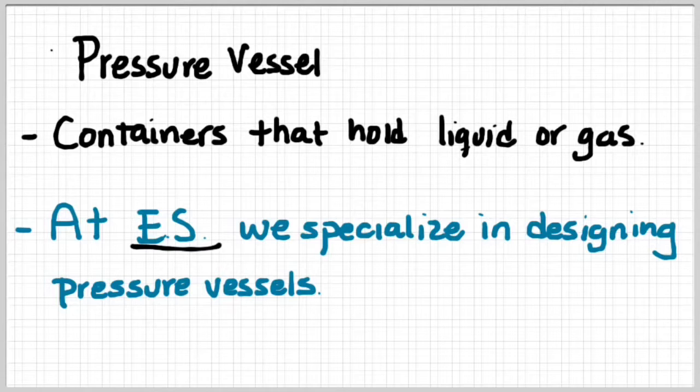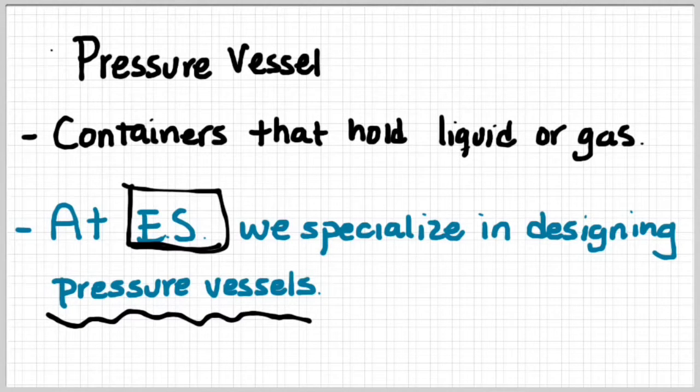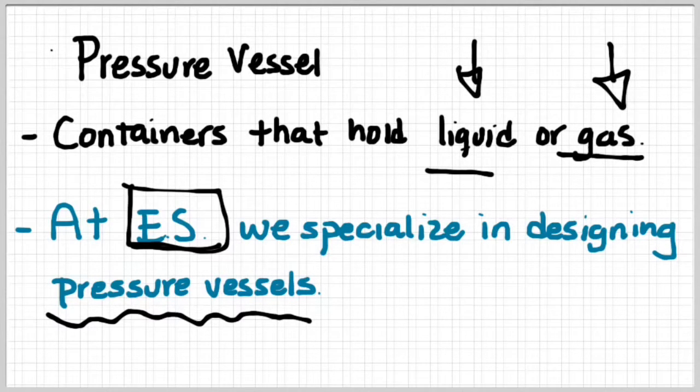Well, I used English Solutions because that's the first thing I came up with, but let's say we have the name of a company in this part. Pressure vessels, containers for liquid or gas. They must be special, or they have to have certain standards, because the last thing we want is liquid or, even worse, gas leaking from a container.